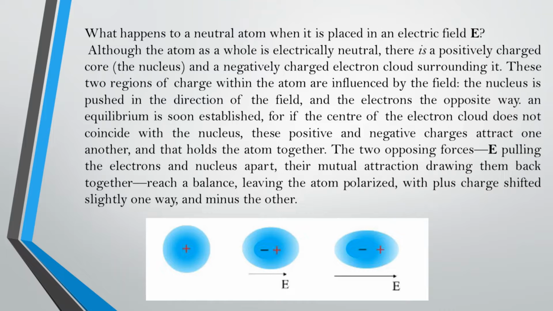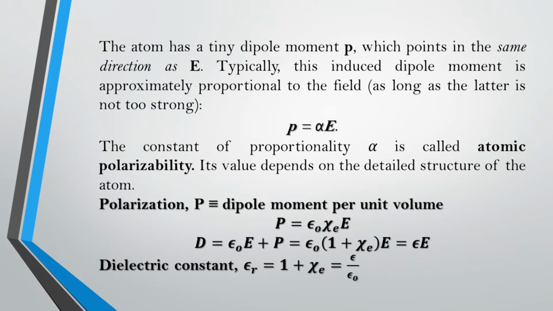When these two opposite forces balance each other, the atom will be polarized. The plus charge will be shifted slightly in one way and the minus in the other way, like you can see in the picture.